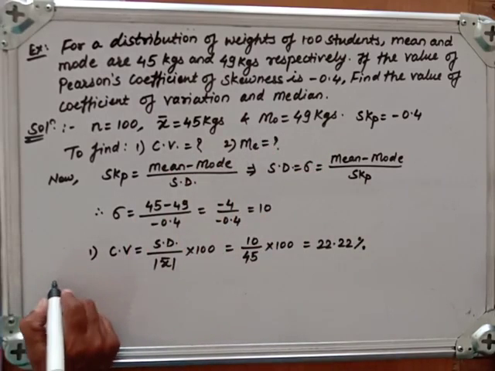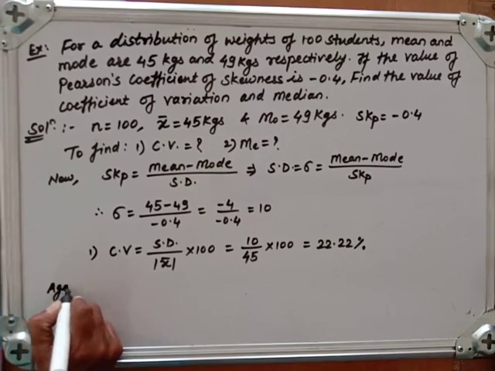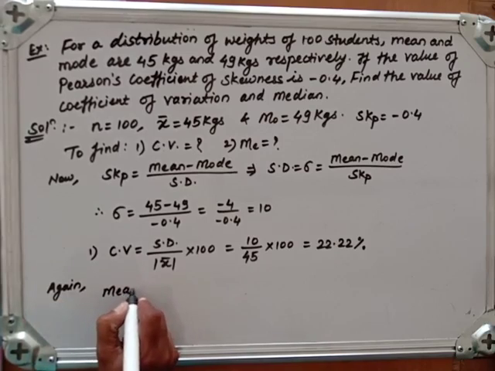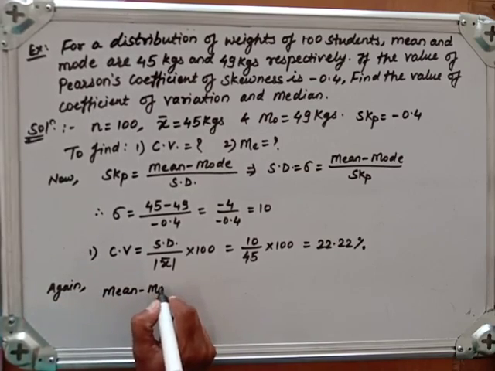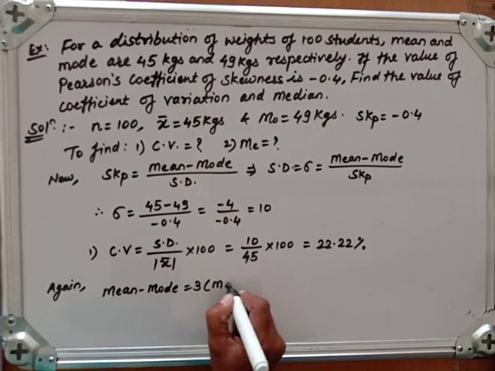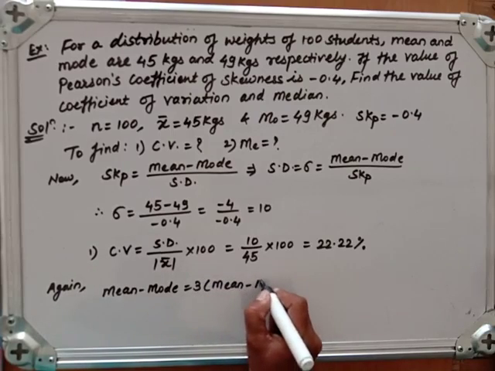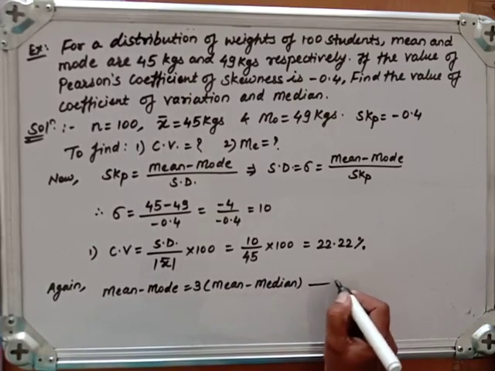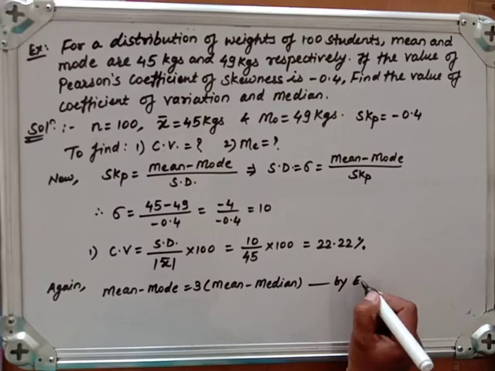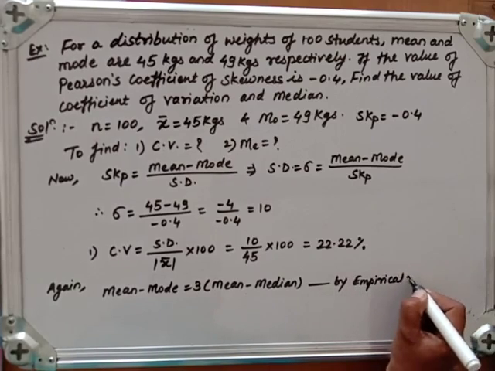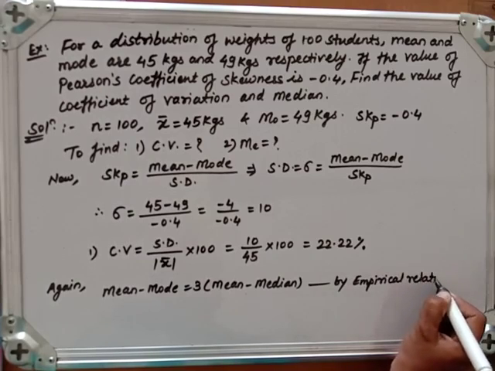So for that, again, what is with us? Mean minus mode is equal to 3 times mean minus median, by the empirical relation between them.